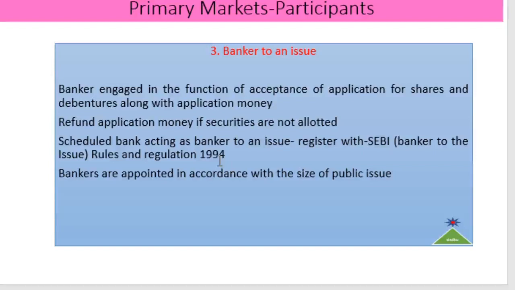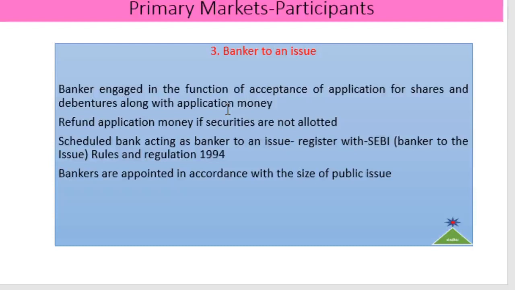The bankers have the responsibility of collecting the application money along with the application form. Depending upon the size of the public issue, there will be more than one banker to the issue. When the size is large, 3 to 4 banks are appointed as banker to the issue.